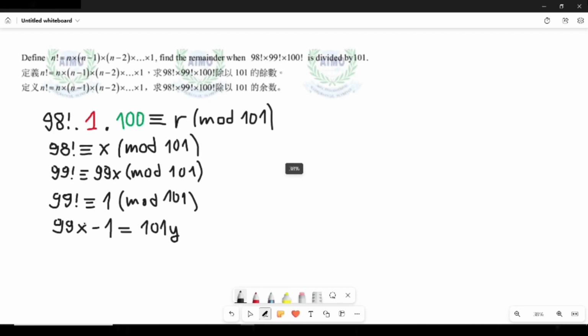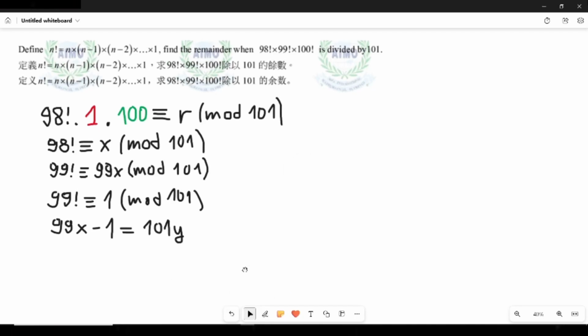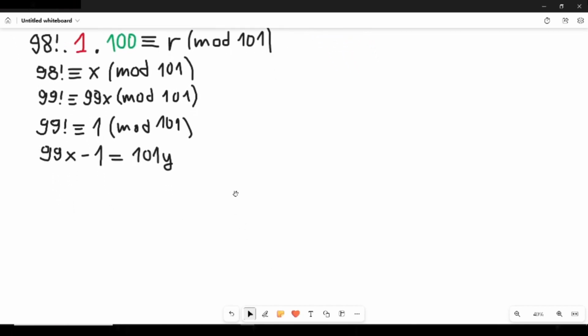And we have a Diophantine equation. If you want, you can skip how to solve it, but I'm going to write a solution for that. There are many ways you can solve a Diophantine equation. I will use a method that is pretty easy to understand.